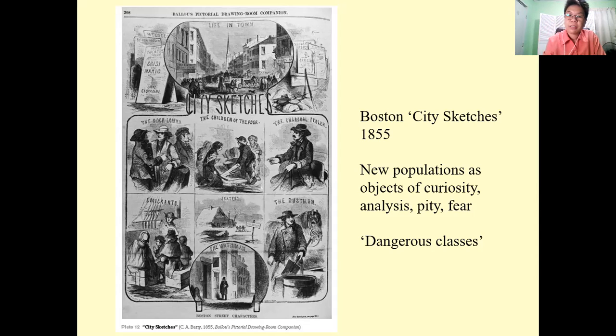So these are the Boston sketches in the 1800s. This is what Boston looked like in 1855. Most probably those traders that came from Europe and other territories brought slaves, and they dwelled in this area of Boston.